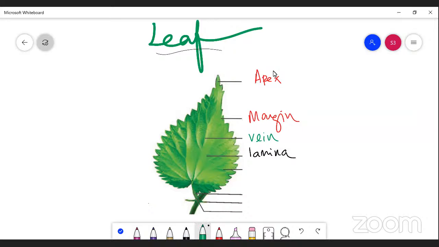Right? And these are secondary veins. This portion is known as the petiole. And this is called the stipules.